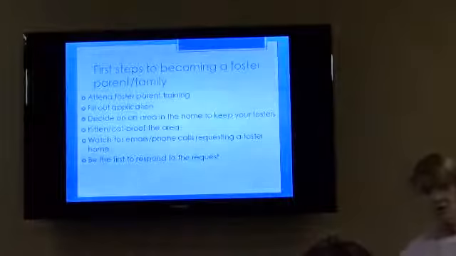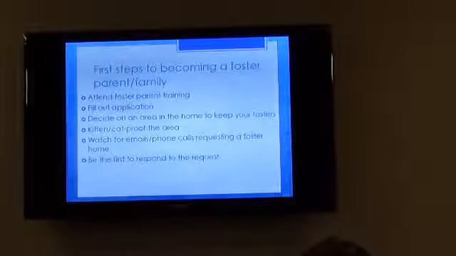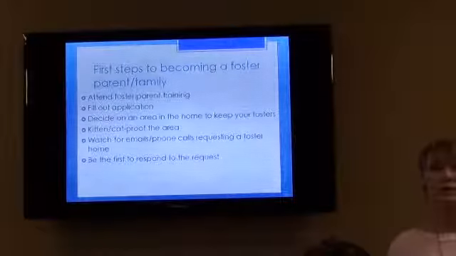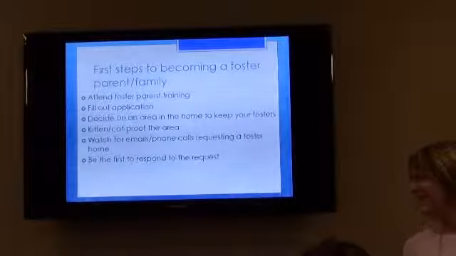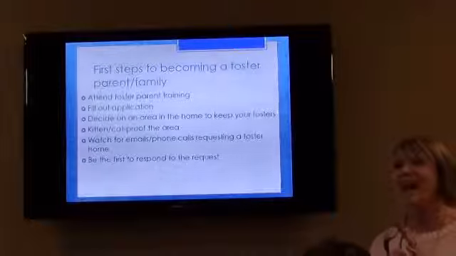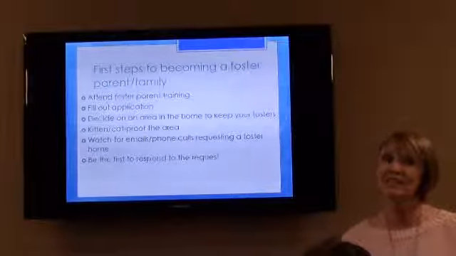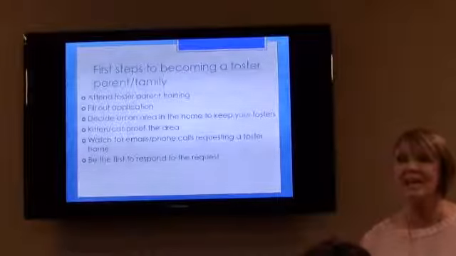Okay, the first steps to becoming a foster parent or family are what you're doing right now. You're here, and you're going through the training, and at the end you will be given an application. An application is a thing that we advise you to fill out even though you really don't have any intention of fostering, only because about mid to late July we're out of foster homes, and sometimes I just need somebody for one night.